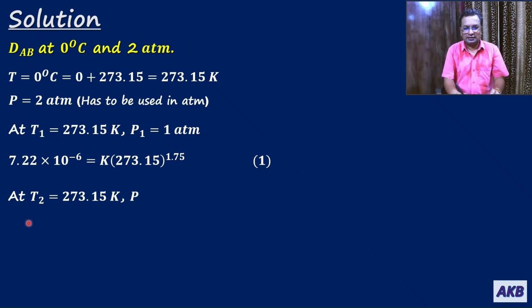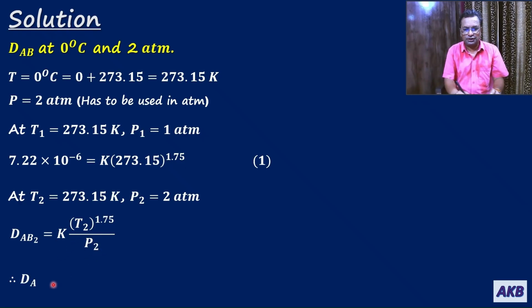Now condition 2 is T2 equal to 273.15 Kelvin and P2 equal to 2 atmosphere. dAB2 will be equal to k into T2 raised to 1.75 divided by P2. dAB2 we have to get, and it will be equal to k into 273.15 raised to 1.75 divided by 2.